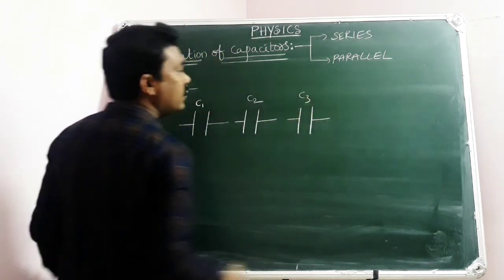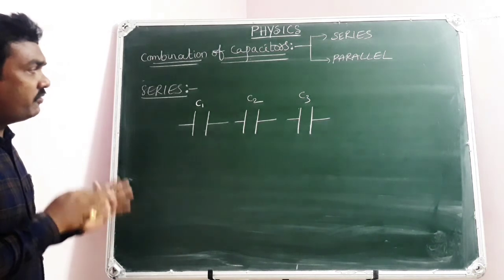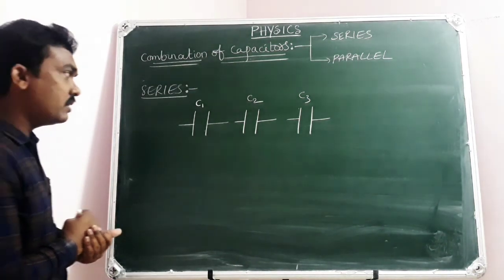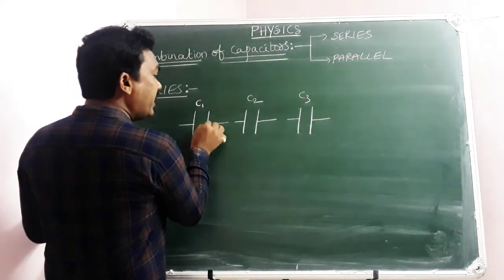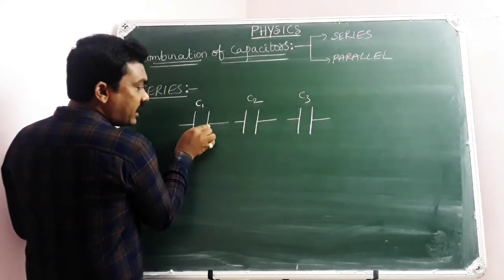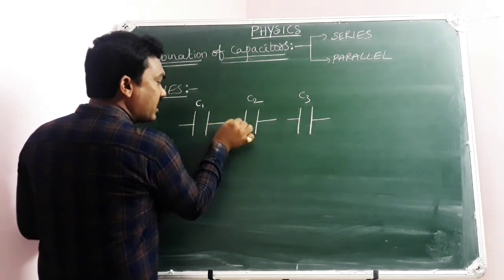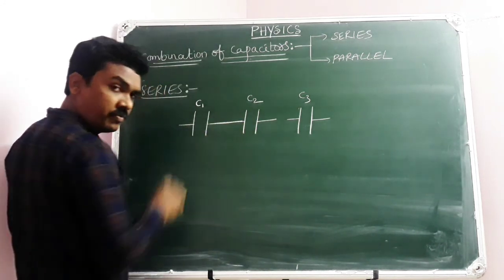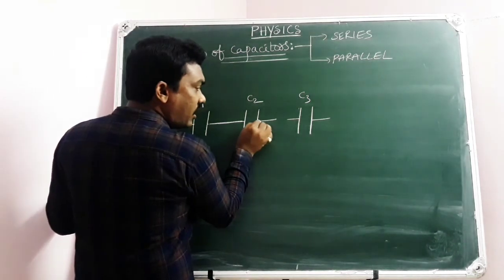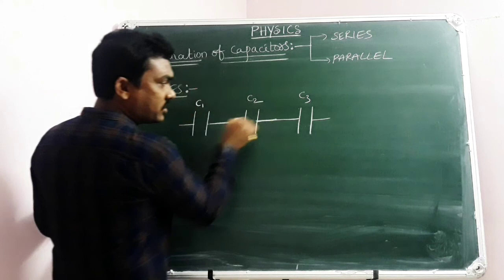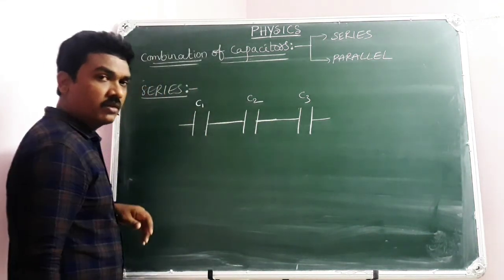So I have taken three capacitors of different capacities, but the way I am connecting them is an end-to-end connection, meaning the second terminal of the first capacitor is given to the first terminal of the second capacitor, the second terminal of the second capacitor is given to the first terminal of the third capacitor, and so on.